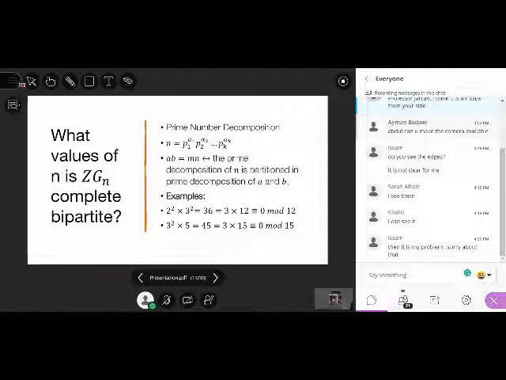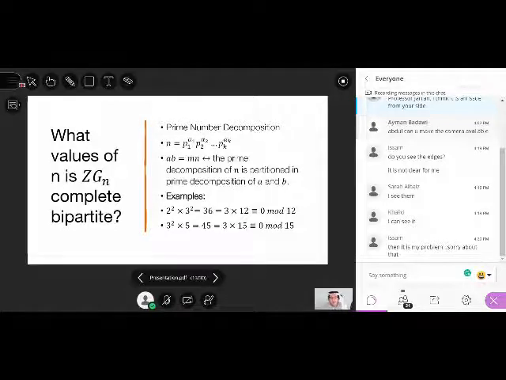So, for example, take 36. 36 is 2 squared times 3 squared. 45 is 3 squared times 5. If you take any number, then it has a prime number decomposition, including prime numbers themselves, because they equal themselves.